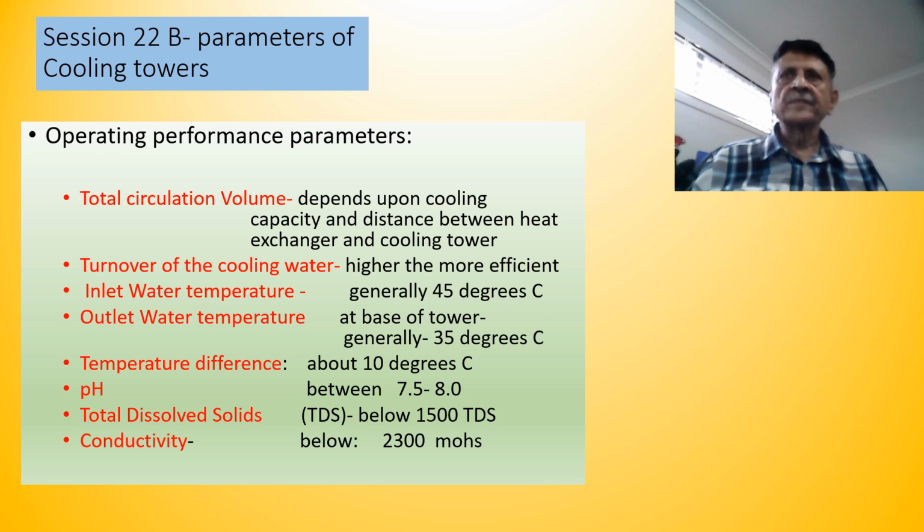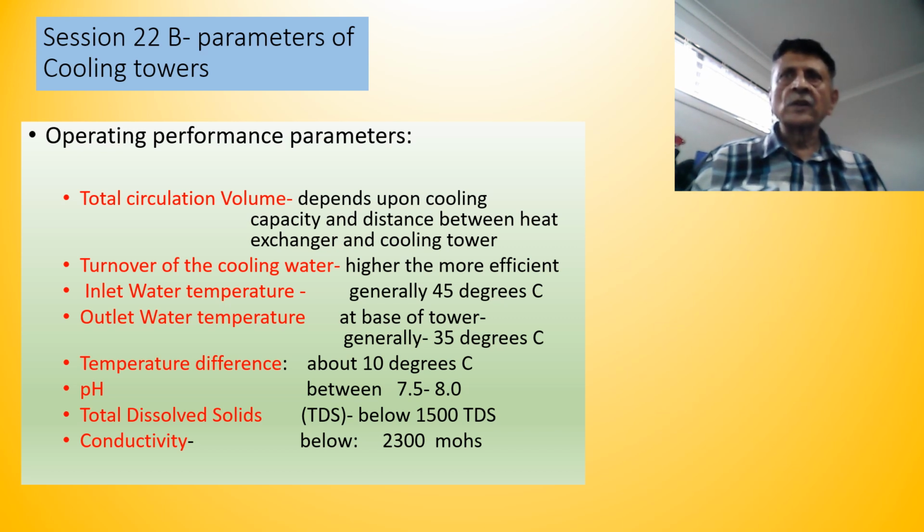Sometimes the heat transfer systems may be below, in the basement, and the cooling tower may be right on the top, maybe 10, 15, 20 floors high. So there must be enough water for the water to come down from the 20th floor of the cooling tower right down to the basement and up again from the heat transfer systems back to the cooling tower.